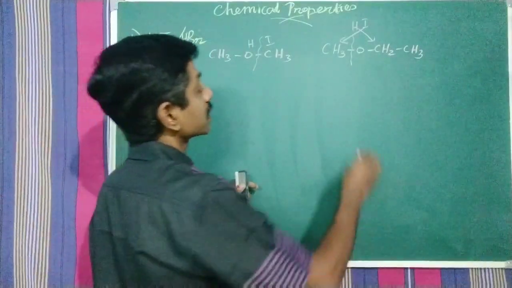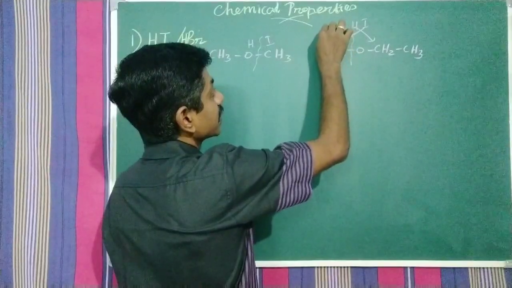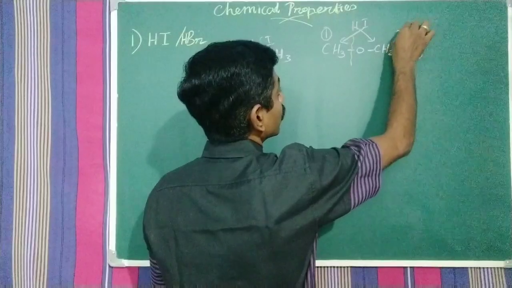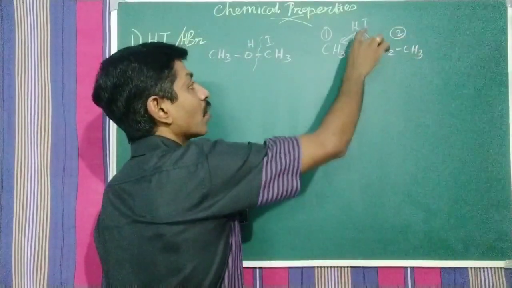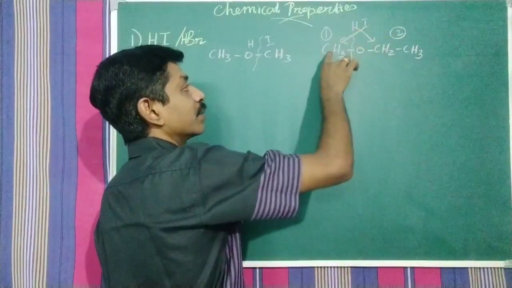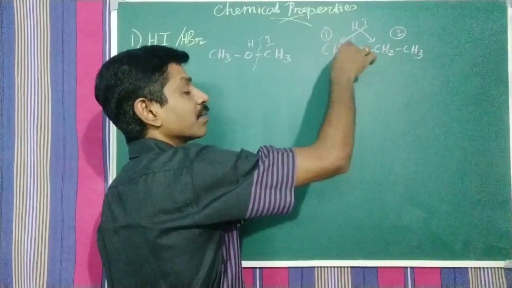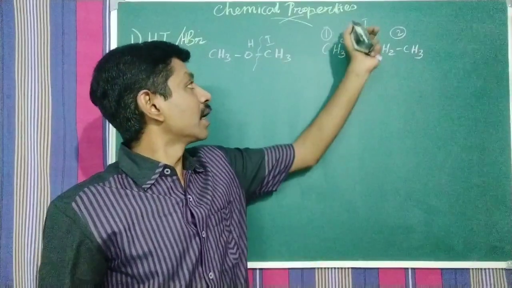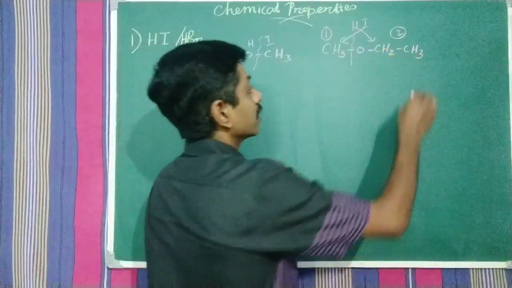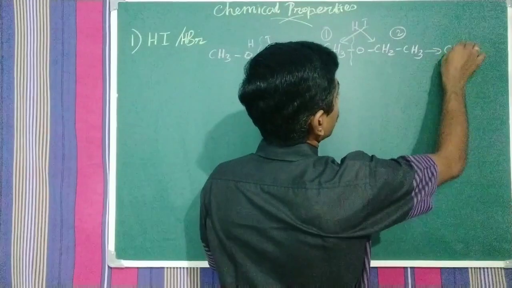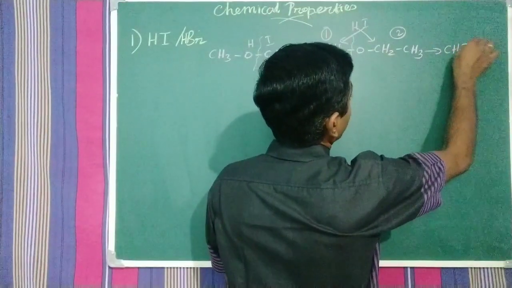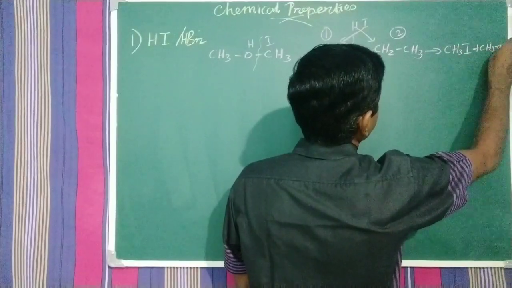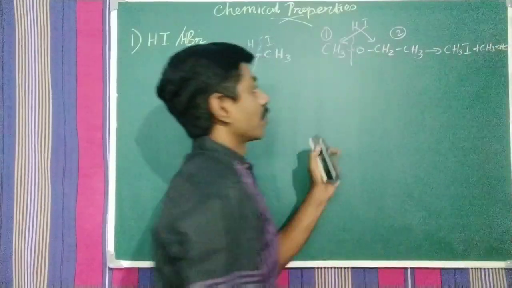Why? The reason is that on the left-hand side you can see an alkyl group with only one carbon atom, and on the right-hand side an alkyl group with two carbon atoms. So the iodide will always prefer the alkyl group with the lesser number of carbon atoms, and hydrogen will go to the other side. Thereby you can expect the products: one side methyl iodide, other side ethyl alcohol. This is one of the products.